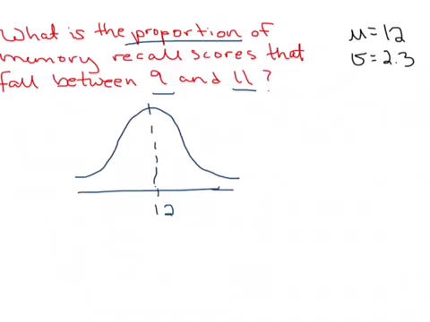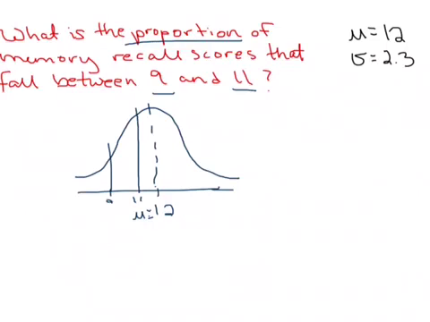Now, the key is finding the proportion when it's something offset like this. So we know that 11 is below 12, so here's that upper boundary, score of 11, and then we probably have 9 somewhere over here.